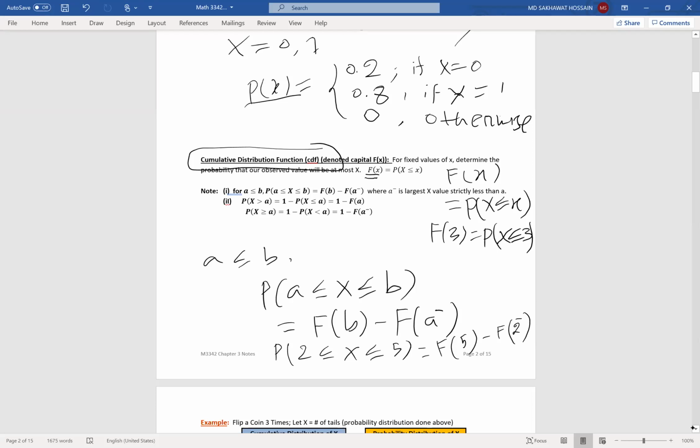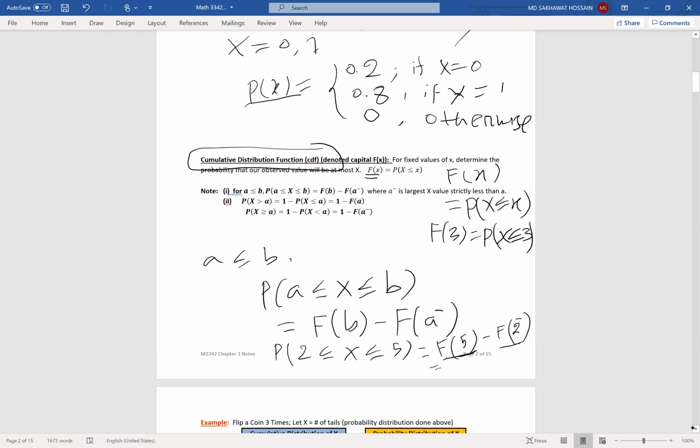So what does it mean? From the CDF function, you will find the value of F for x equal to 5. And for 2 negative, you will find the value of F for x where x is less than 2, not exactly 2. So the largest value of x which is less than 2. We'll go over some examples and it will be more clear to you.